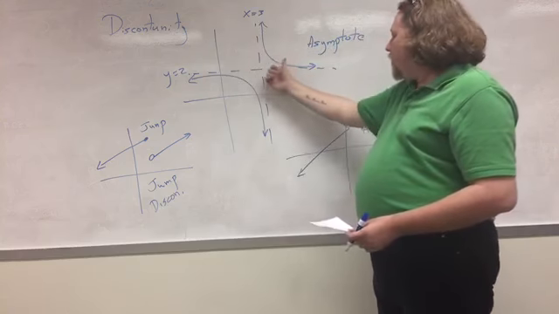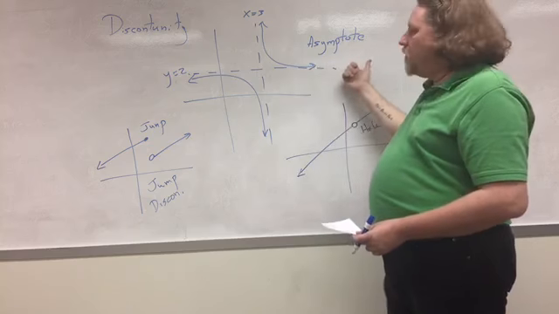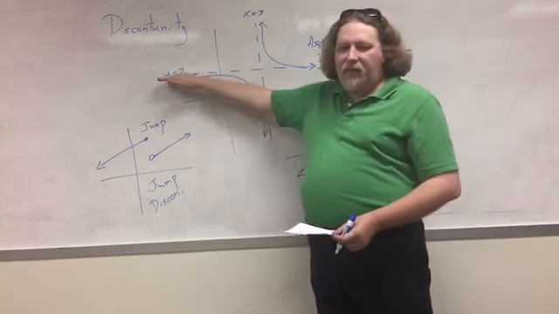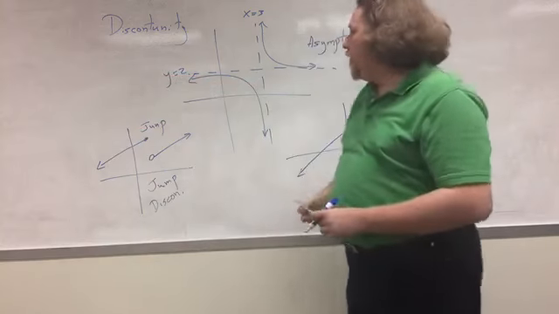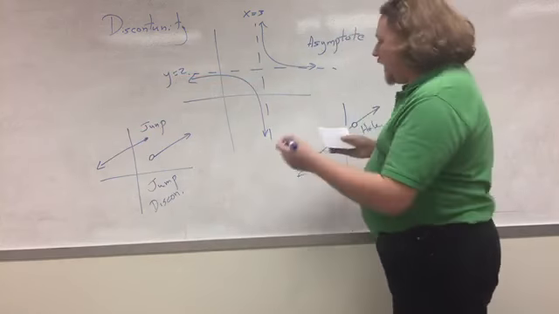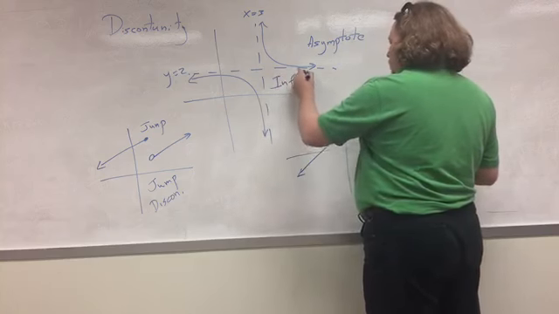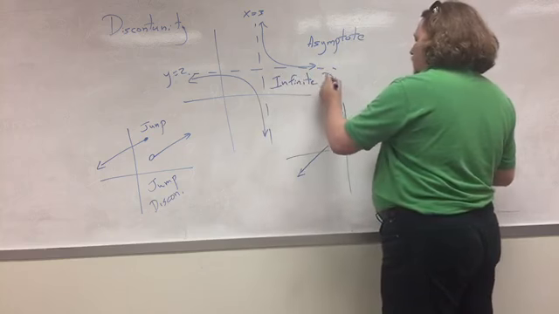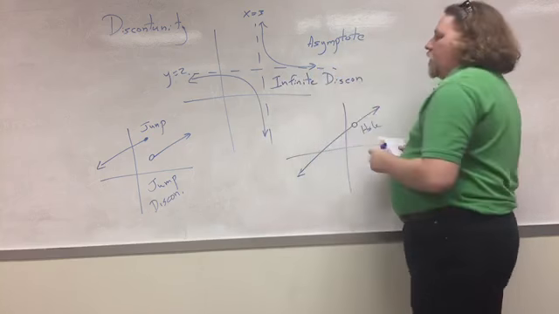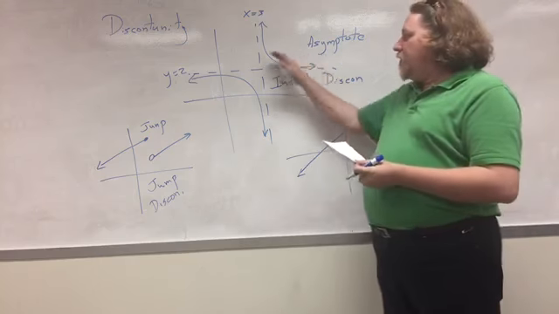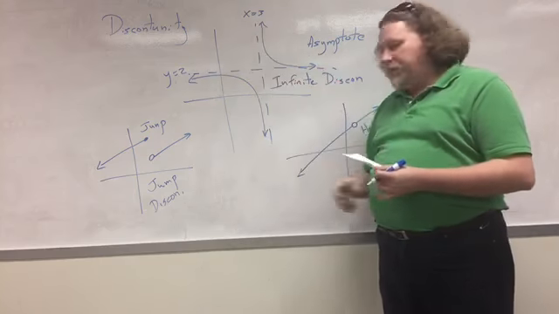Follow this asymptote to the right, heading toward infinity. Follow this asymptote toward the left, heading toward negative infinity. So these are called infinite discontinuities, because the asymptotes are heading toward infinity.